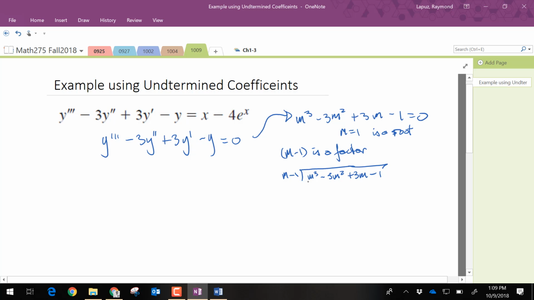So I think to match this up, I need to multiply this by m squared. This is m cubed minus m squared, and then I'll get -2m squared plus 3m, and so I need to multiply this by -2m: minus 2m squared plus 2m, and I get, subtracting, positive 1, m minus 1, and that's just 1.